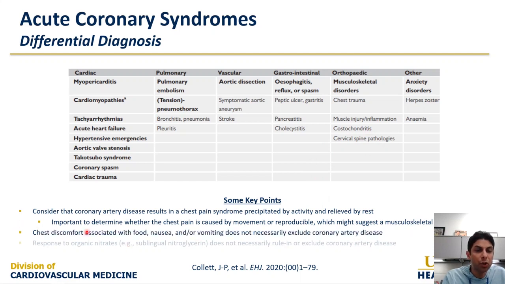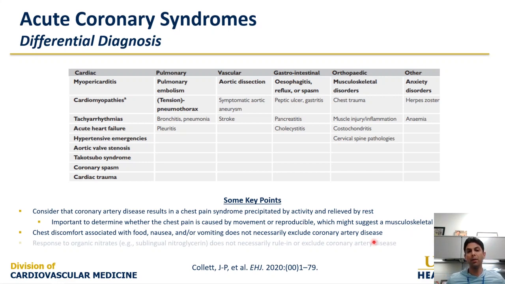Now, chest discomfort associated with food, nausea, or vomiting does not necessarily exclude coronary artery disease. As we talked about in that stable angina team-based learning session that I subsequently recorded, we mentioned how when patients eat food, there's splanchnic vasodilation. There's shunting of blood to the stomach where it's needed.